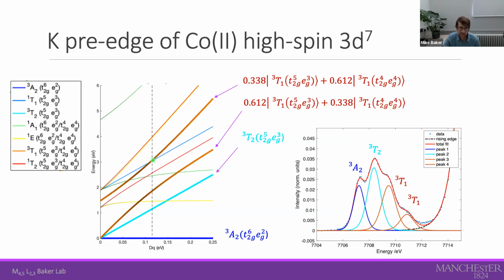However, this fourth excitation is also allowed, since we do have some of this t2g5 eg3 character present.